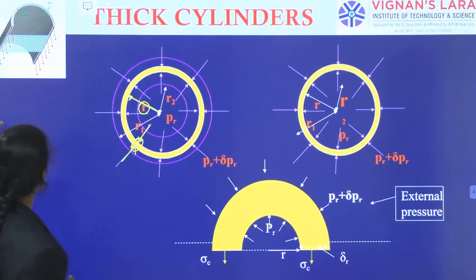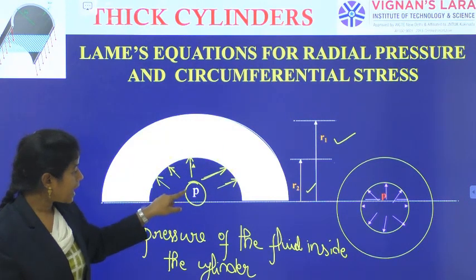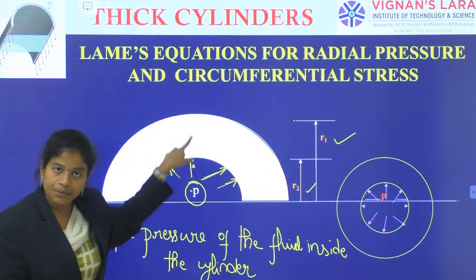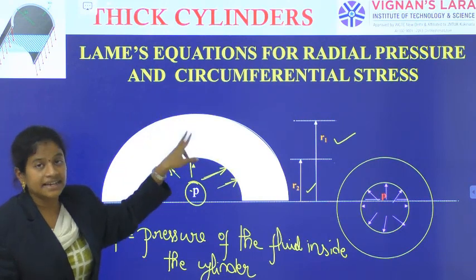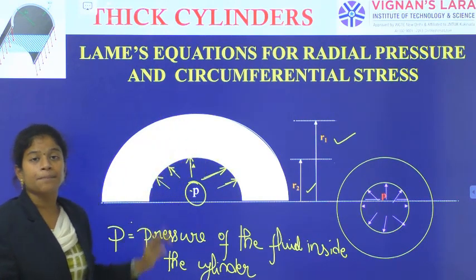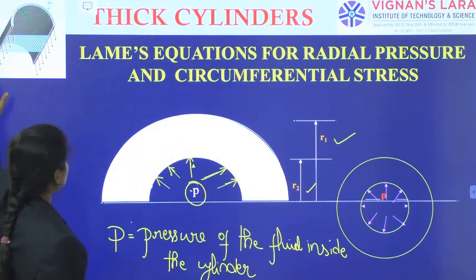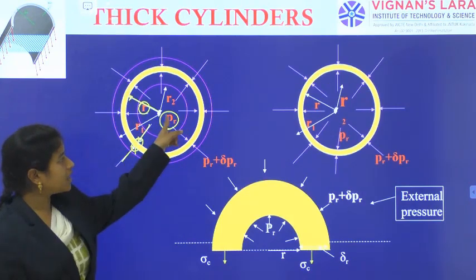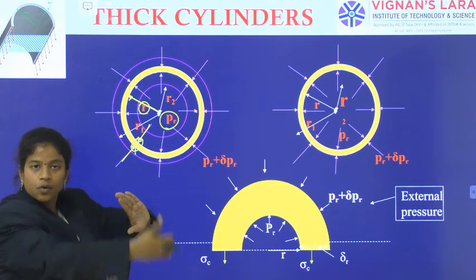At the complete inside, I am observing P, but I am going inside to some distance. At R2, the pressure is P, but I am going somewhere which is at distance R, not at R2. So at a distance R, the corresponding pressure on the inside of that particular ring is PR. Okay, so PR is the pressure acting on the inside walls of the ring due to the fluid.